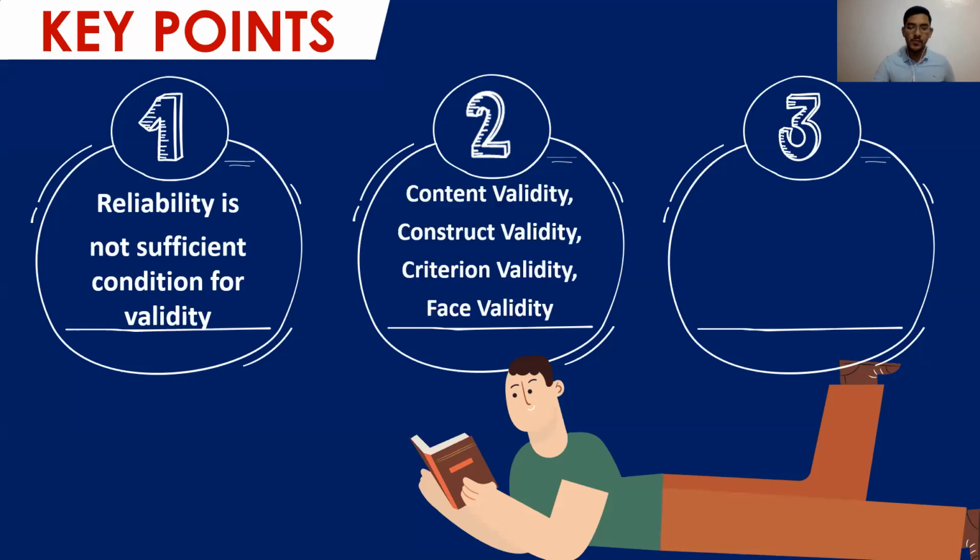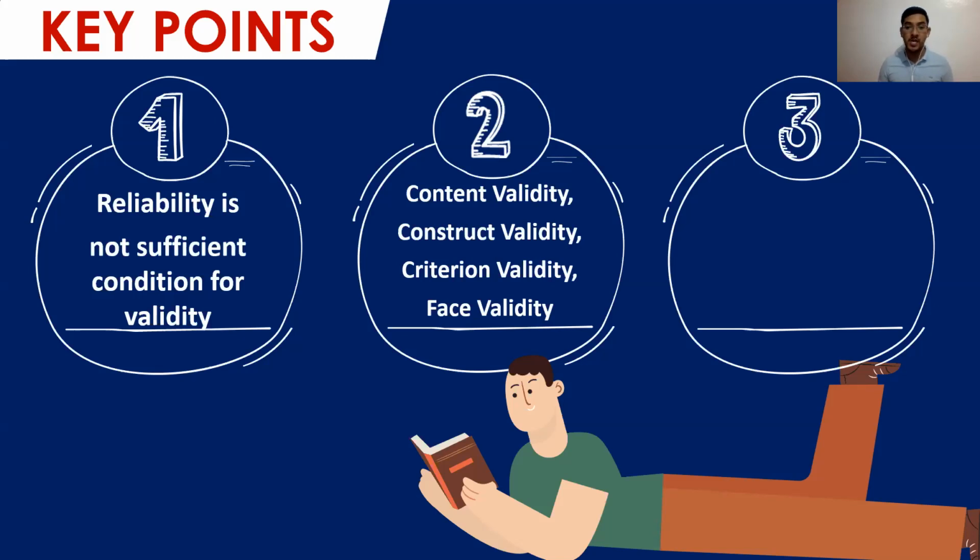Number 2, ito po yung mga types of validity: content, construct, criterion, face validity. Okay po? Face validity is the least acceptable validity. Hindi lang dapat yan yung ginagamit na validity. You can have a combination, pwedeng content, face; construct, face; criterion, face.